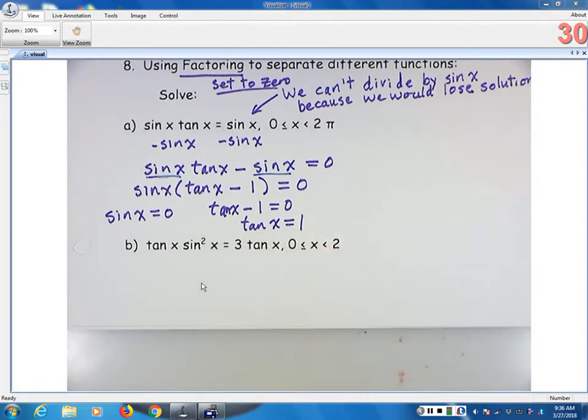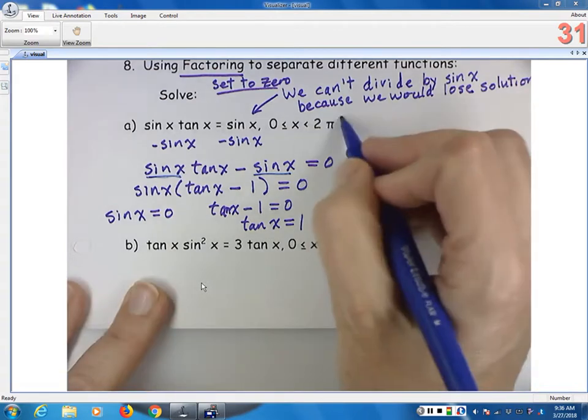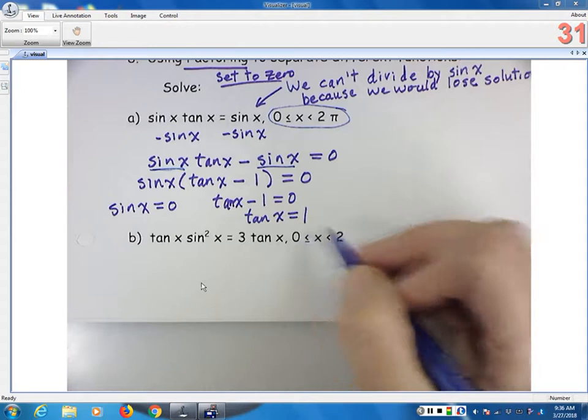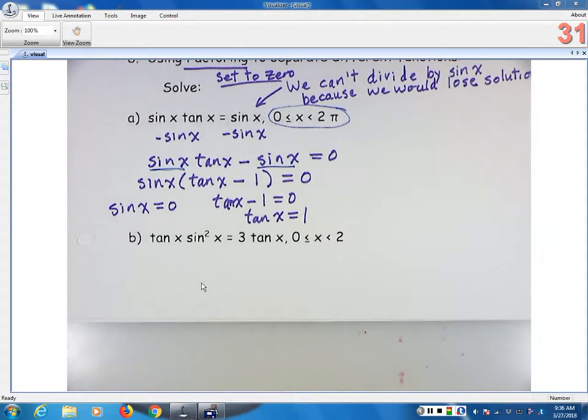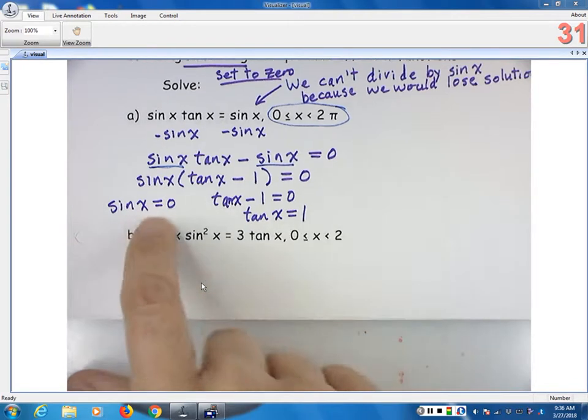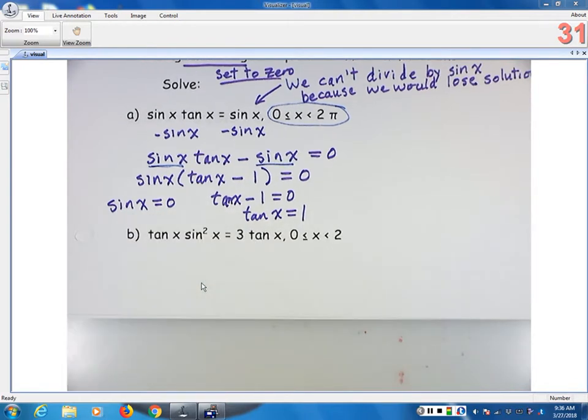Since we have x's, not double angles or anything, and we're only looking between 0 and 2 pi, we don't have to write the 2 pi n. First, where does sine equal 0?